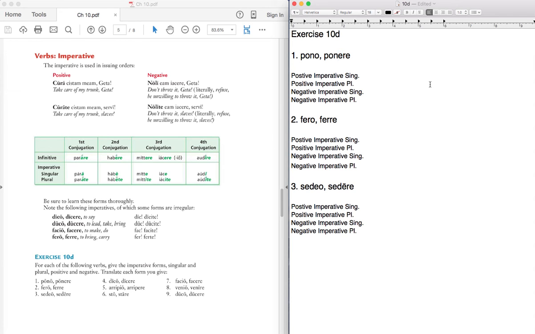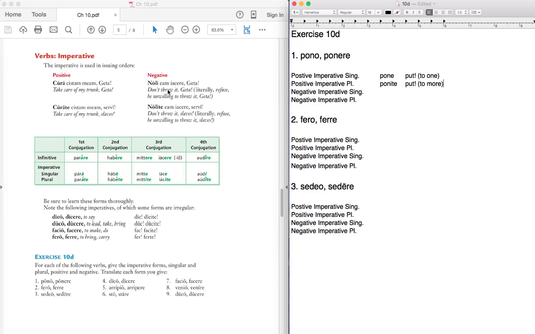So we'll get rid of those first. Pone means put, to one person, and ponete means put, to more than one.